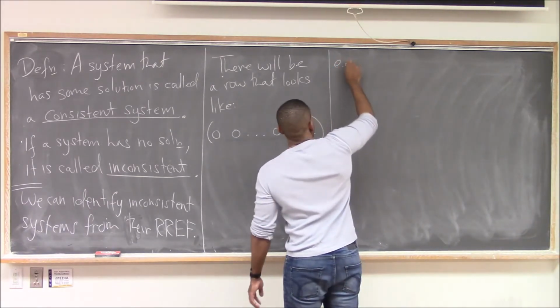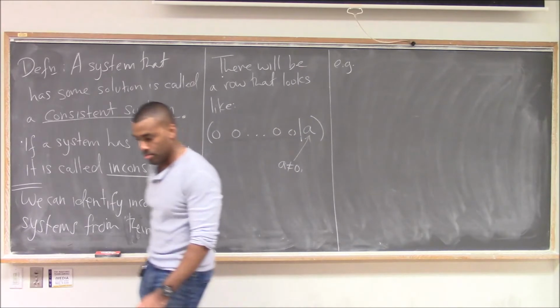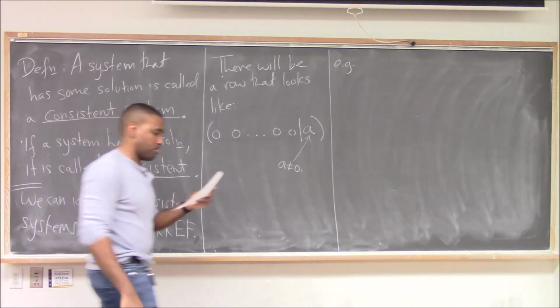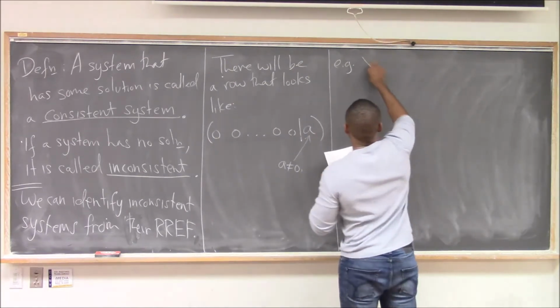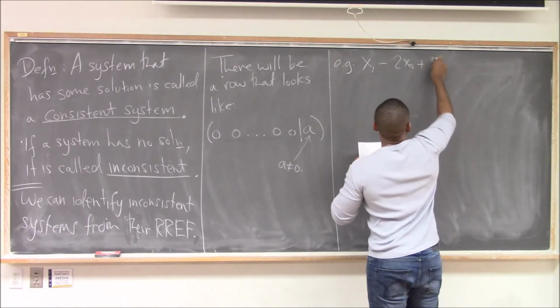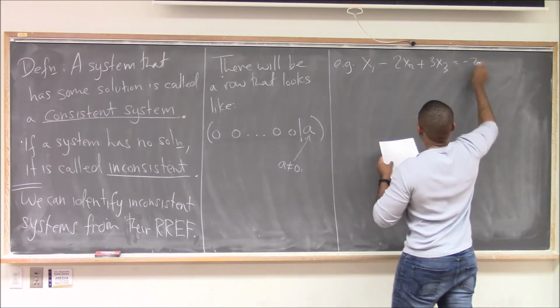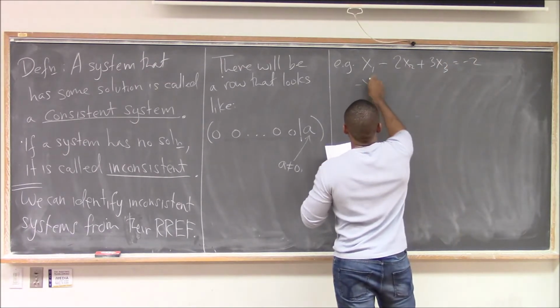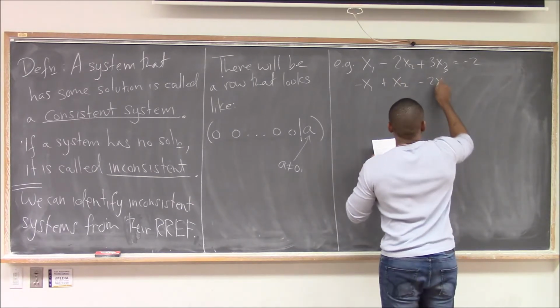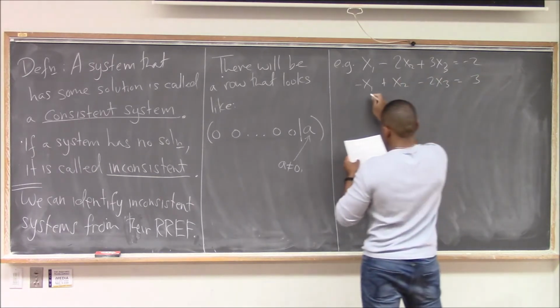Let's look at another example. x1 minus 2x2 plus 3x3 is minus 2. Minus x1 plus x2 minus 2x3 is 3.